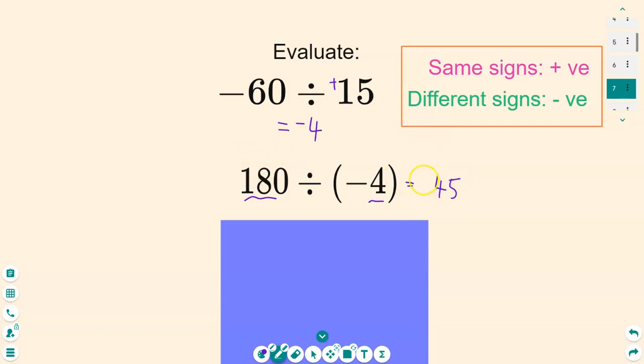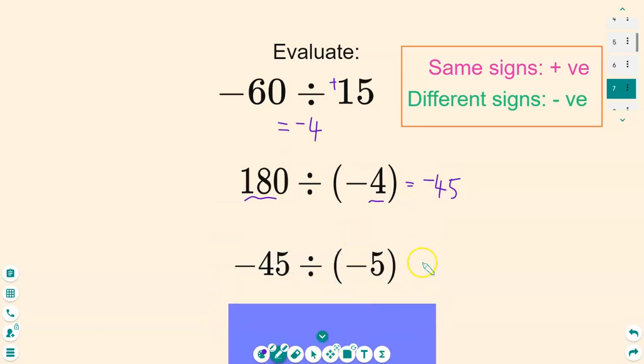Positive divided by negative gives a negative. Different signs, always default to negative. I'm sounding like a broken record. Negative 45 divide negative 5. I'm already starting to get a feel for it. The same signs gives a positive number. So 45 divided 5 is 9. Negative 45 divided negative 5 is also 9.